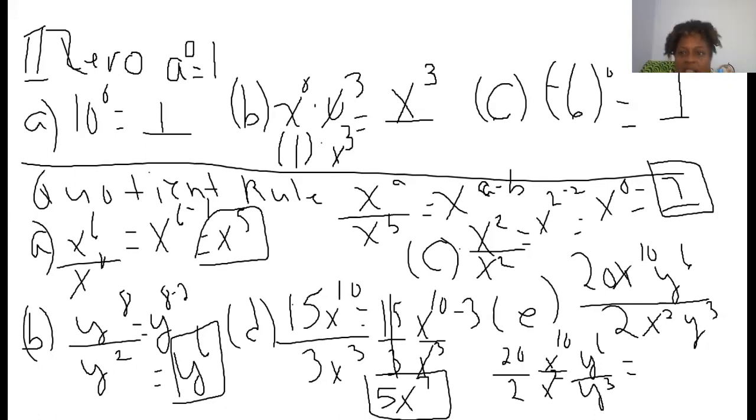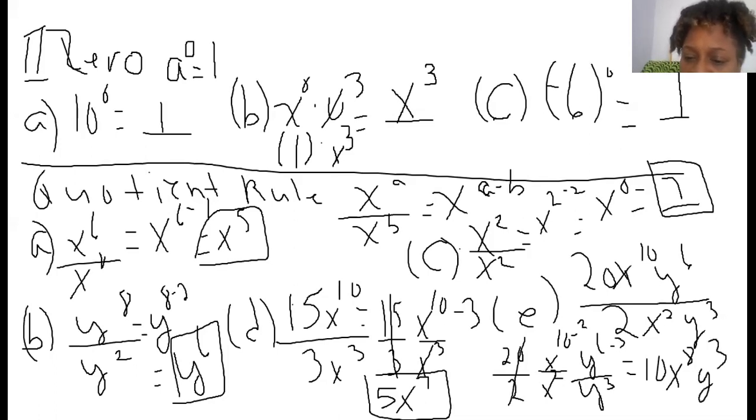Begin the process and divide 2 into 20, that's 10. Here, subtract 10 minus 2, that will give me x to the 8th. Subtract y to the 6 minus 3, that will give me y to the 3rd. Final answer, 10x to the 8th, y cubed.